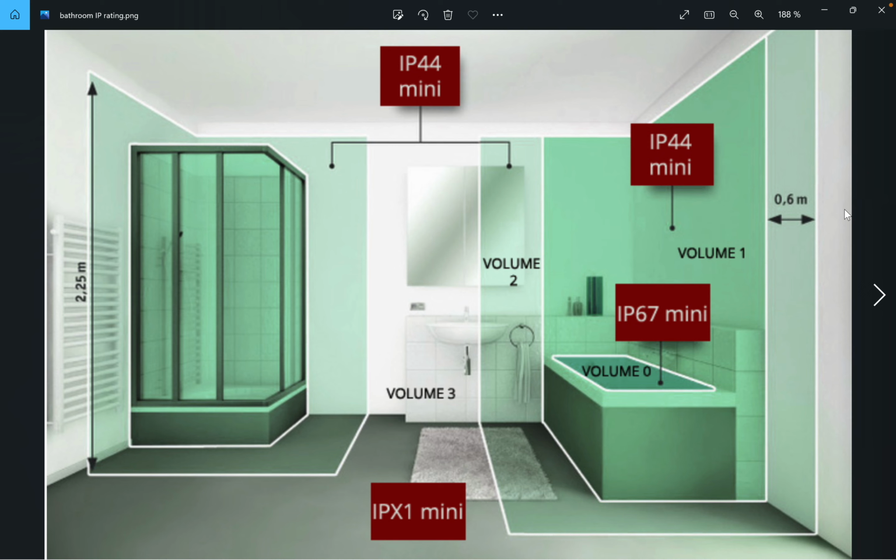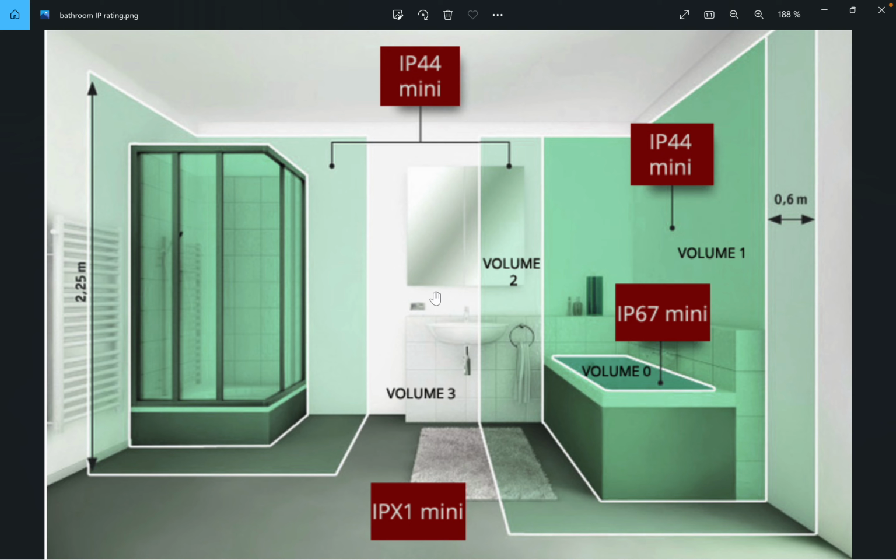So, for example, volume 0, where there is a bathtub, you need an IP of 67 minimum. If you move up on the wall side, and you see the distance 0.6 from the corner, you have an IP of 44. On the mirror, on the top, again we have volume 2, and here we need again an IP 44.